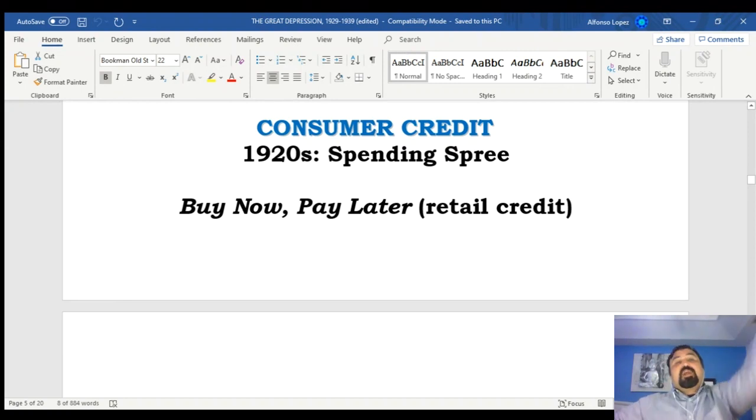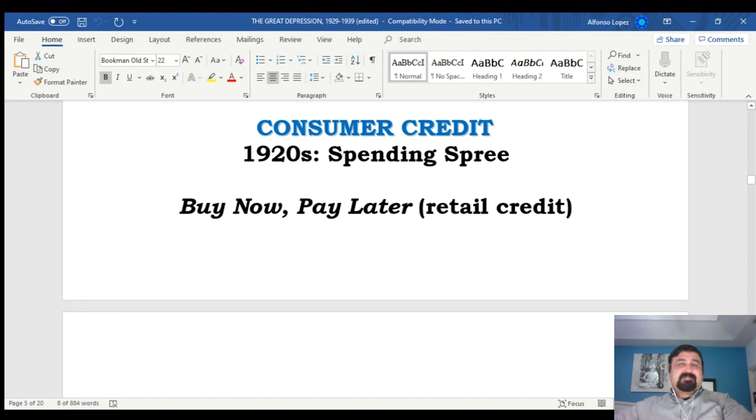So with a consumer economy, also came consumer credit. As a matter of fact, the introduction of consumer credit was also integral to enabling a consumer economy to arise in the first place. So in other words, this high-level consumption that was taking place in the country in the 1910s and 1920s was largely due to the introduction of credit.